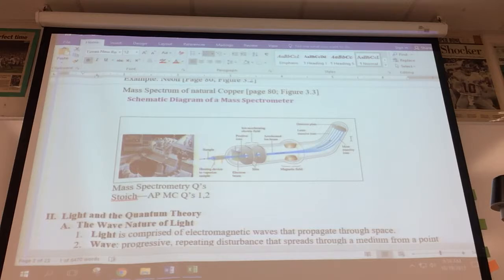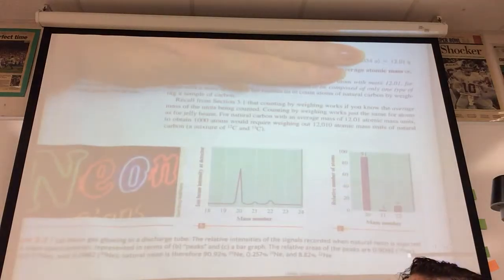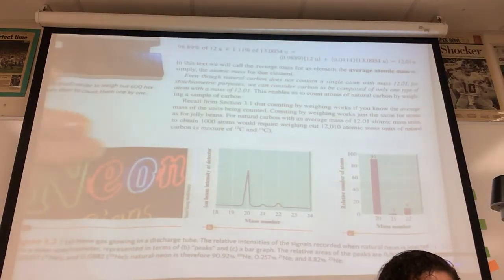This is a newer edition of your textbook. It just has some good questions in it, but you have similar, identical diagrams in your textbook. So for example, if we look in your textbook, I didn't have any clips in here other than what was in the book, so I didn't insert it. For example, here's neon.